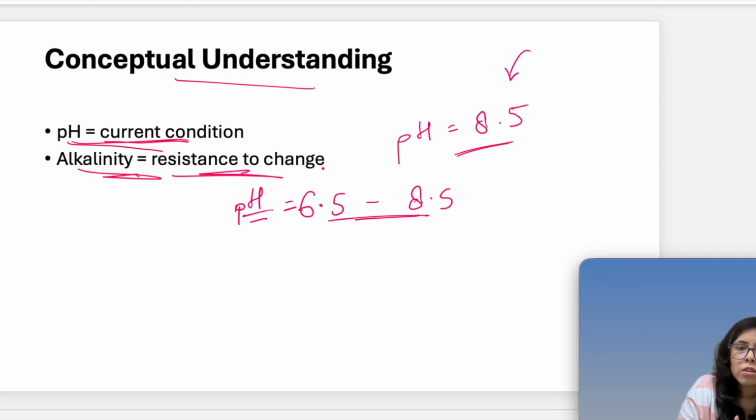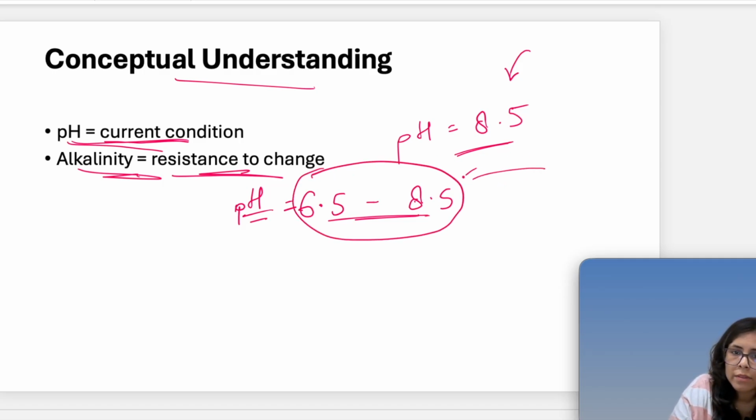So the water has the capacity, whatever you add, to some extent, to keep its pH between 6.5 and 8.5.